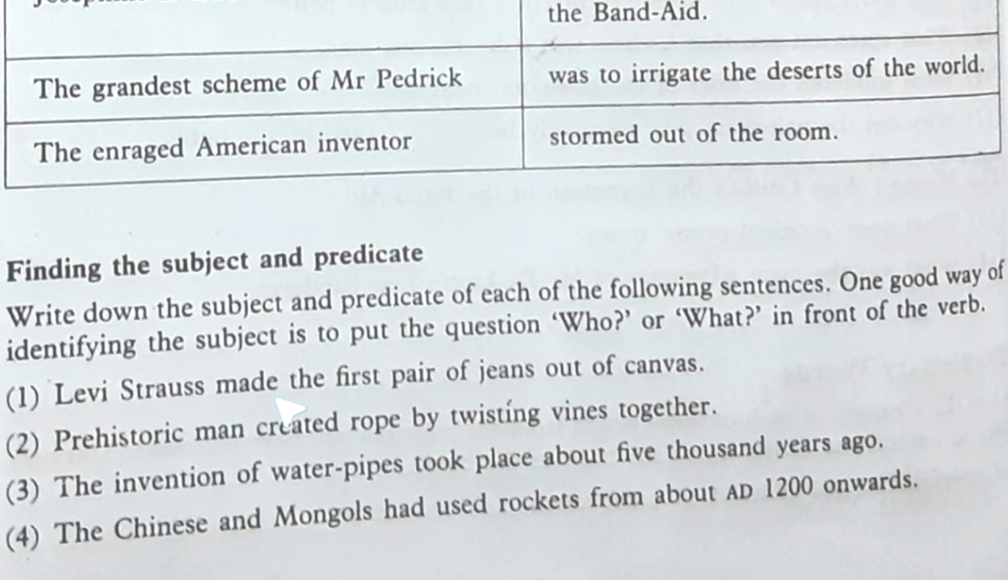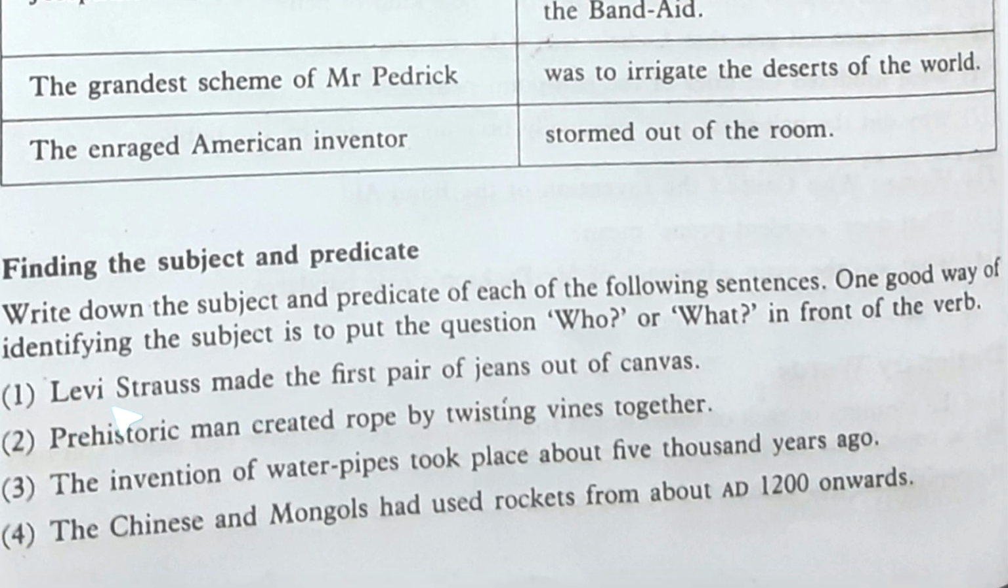Levi Strauss made the first pair of jeans out of canvas. Here made is the verb, before it just put who or what. Who made? Answer is Levi Strauss. Here I'm underlining it. And which one is the predicate?